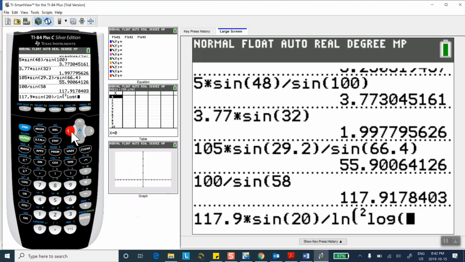That's fine. Let's go back here. Sine of there. Now I have to backtrack. Let me get rid of this stuff.